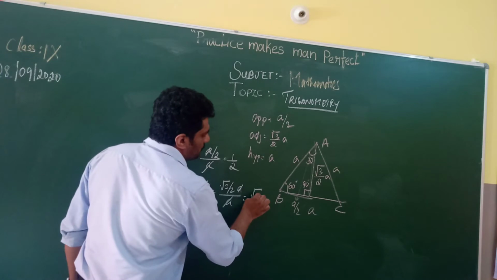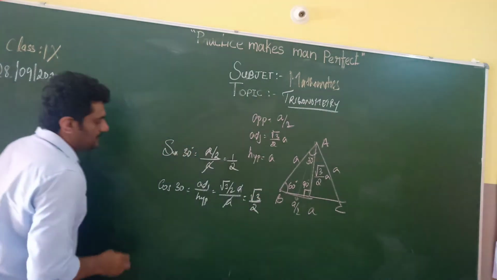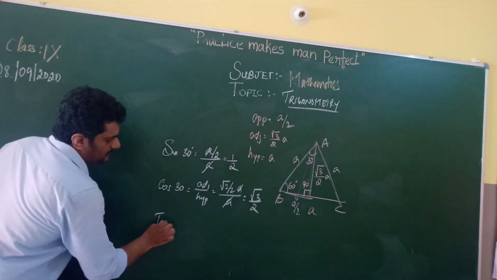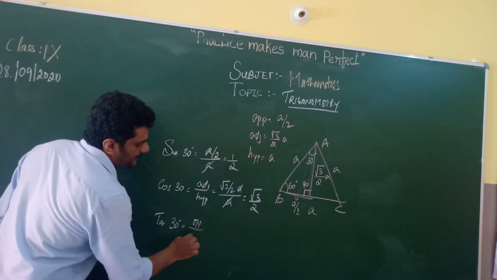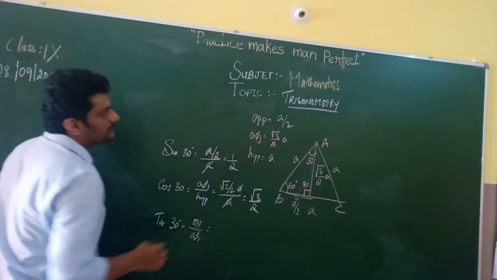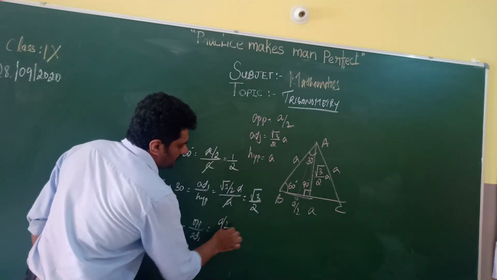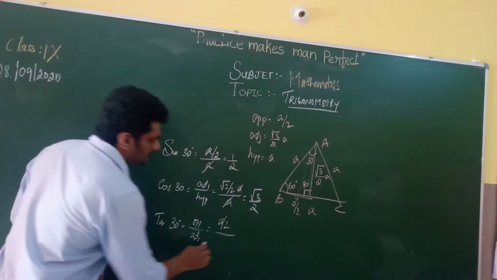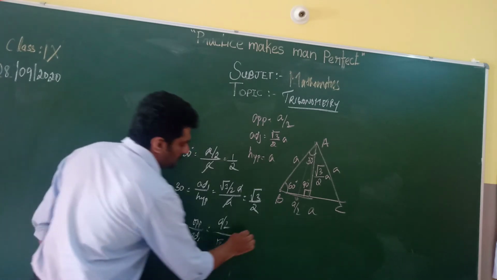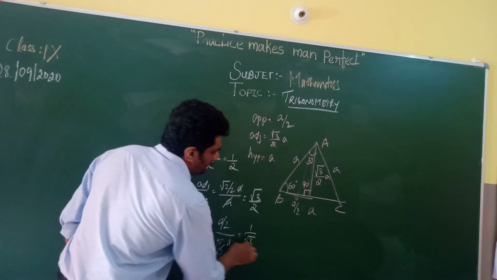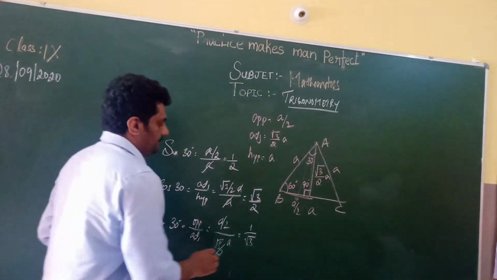We get root 3 by 2. Similarly, tan 30 degrees is opposite by adjacent. Opposite is a by 2 divided by adjacent is root 3 by 2a, which comes up to 1 by root 3.